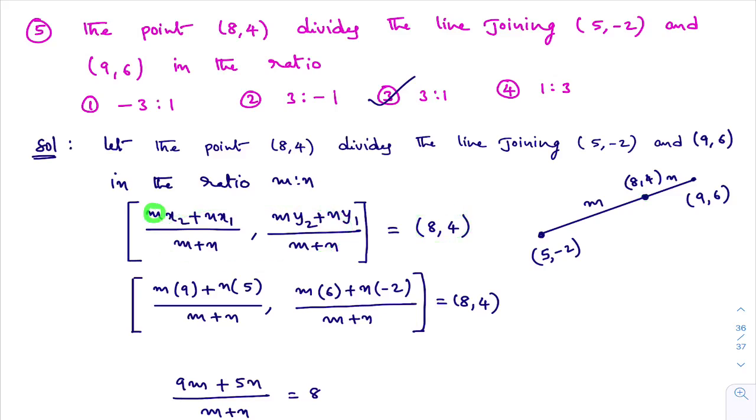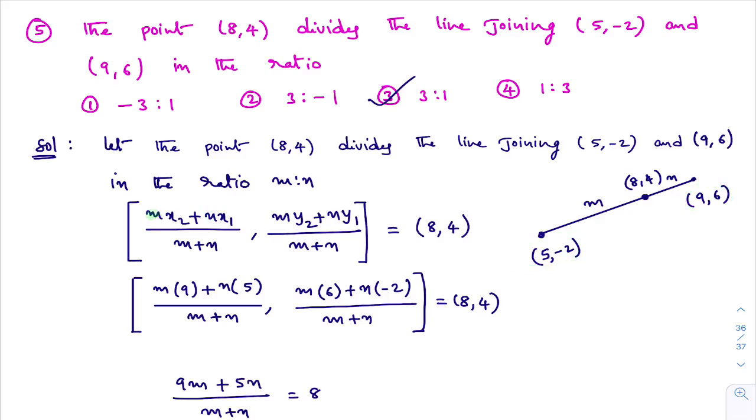Here I do not know the m value and n value. The x1, y1, x2, y2 values I will get from the given points. This point is (x1, y1), and this point is (x2, y2). So in this formula, m and n will stay as they are, and in place of x1, y1 and x2, y2 I will write these values.